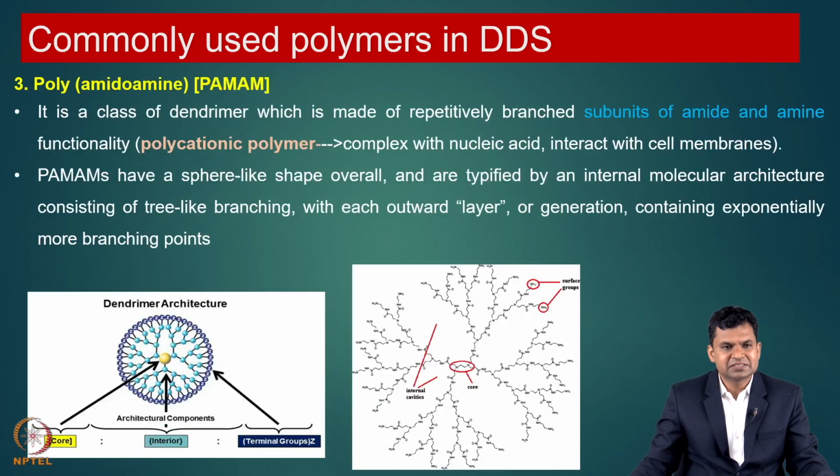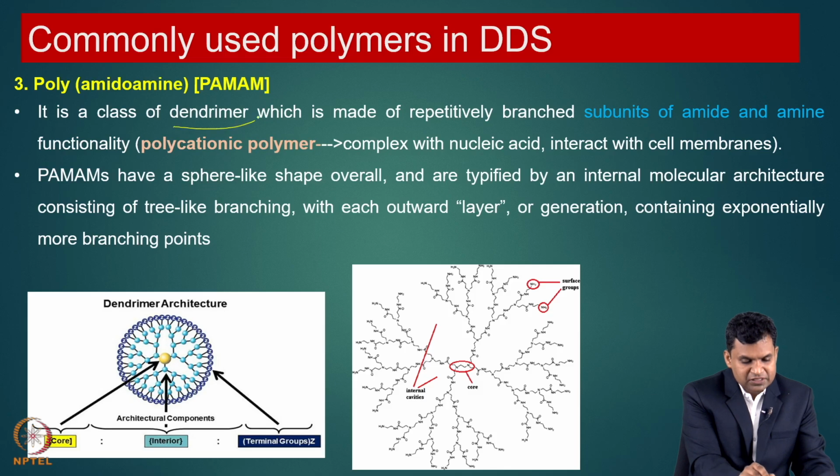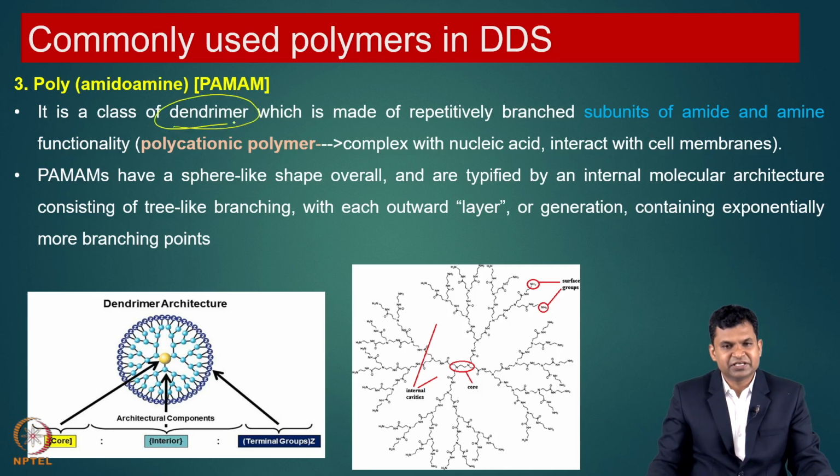And the third one we are going to see is polyamidoamine. These polymers we specifically use in dendrimer applications. As we know, dendrimers are tree-like structures, which are 3D network structures.